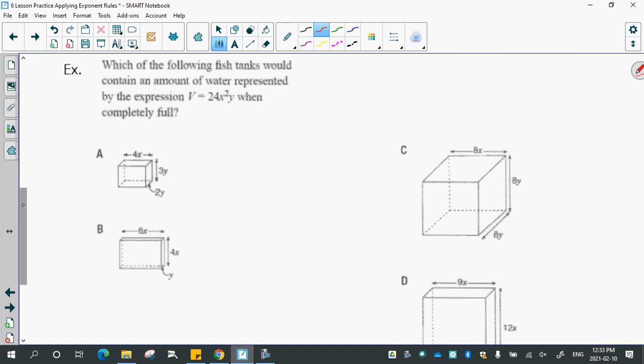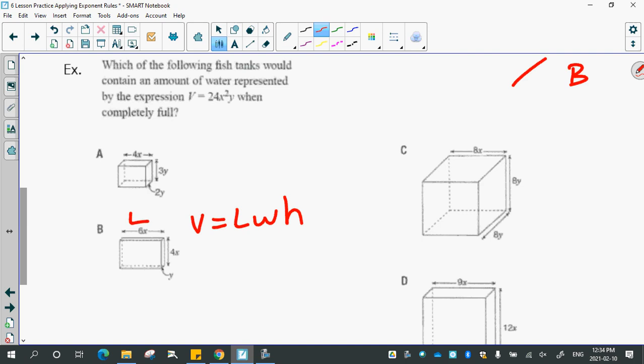Okay, the consensus seems to be B. Did anybody get something different from B? So should we go right to B and figure it out? Volume is length times width times height, and it doesn't matter which is which.